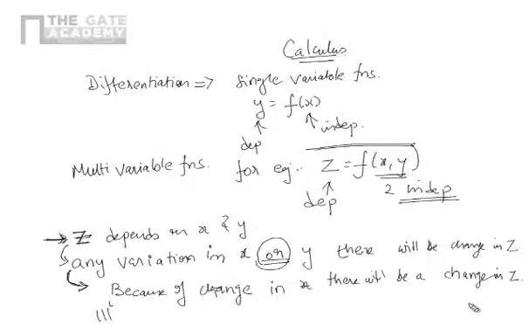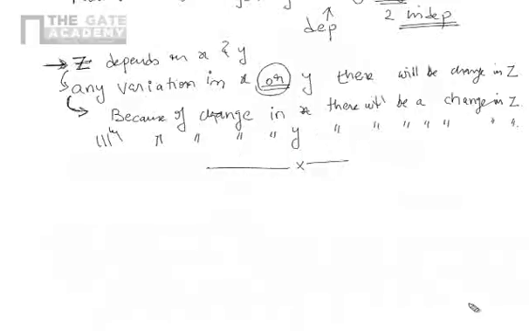Similarly, because of change in y, there will be a change in z. Correct? Okay. Let us stop this here. We will come back to the same point. Let us stop here and see what we have seen earlier. We will capture some results and come back to the same point.